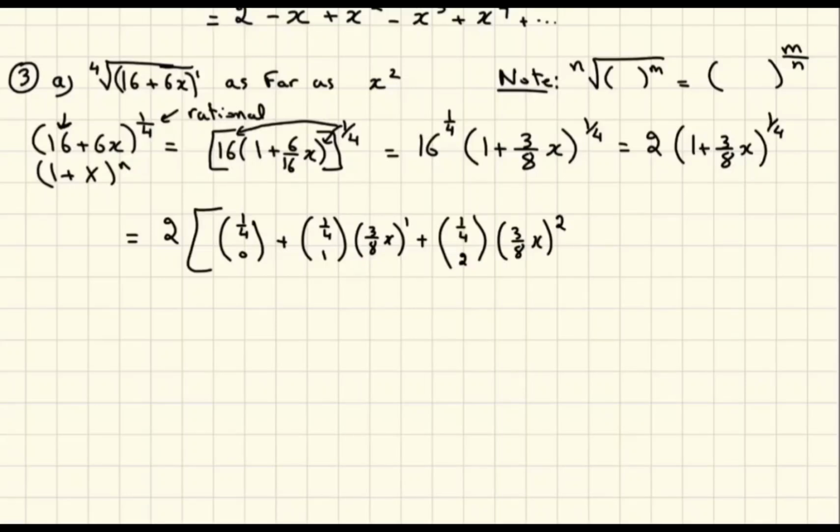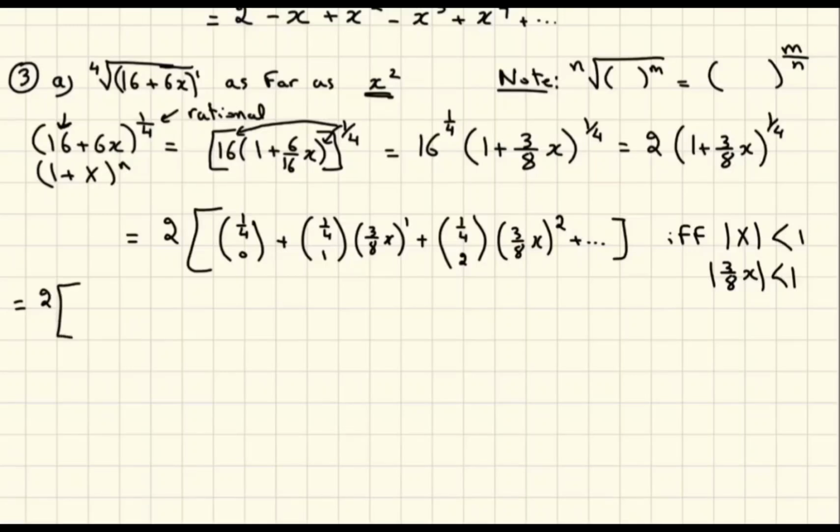I can stop here because they said as far as x squared. Now, for sure, if we're talking about the expansion, again, I should have absolute value of big X smaller than 1, which is in this case absolute value of 3 over 8x smaller than 1. Now I'm going to simplify it after we finalize this answer.